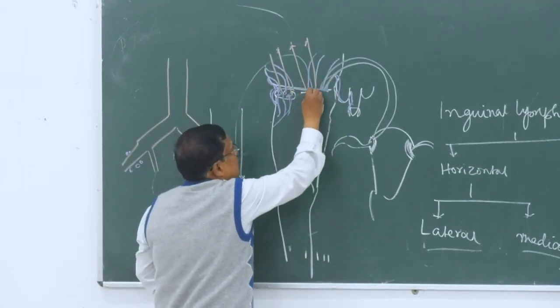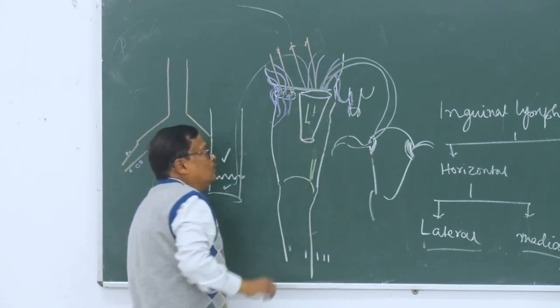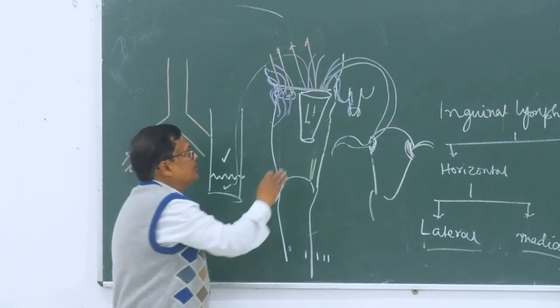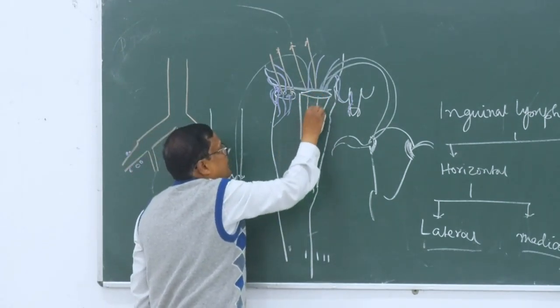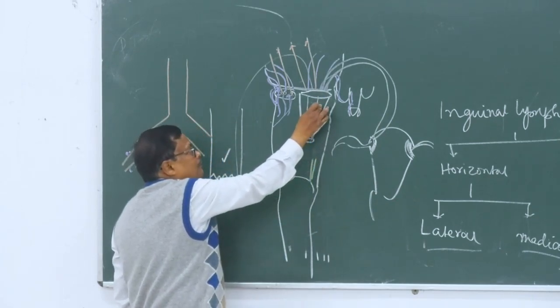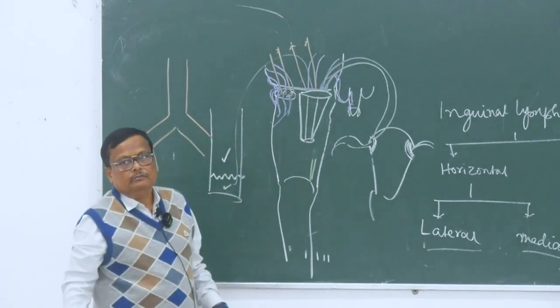বারবার সেদিন বলেছি, there is a femoral sheath, তাই তো? Femoral sheath has got divided into three compartments. One is the medial compartment, intermediate compartment, and lateral compartment.